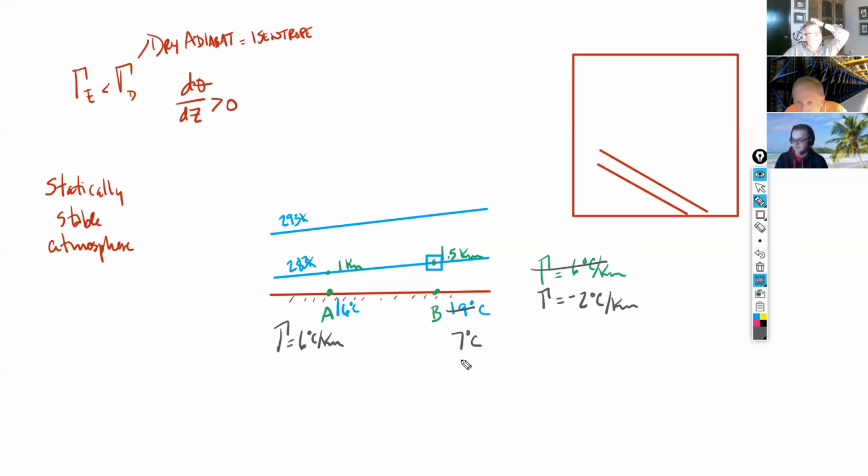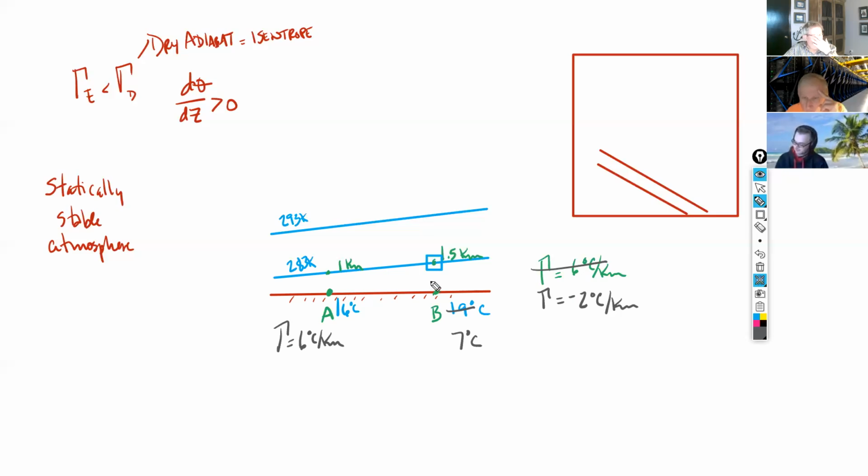The reverse. So when I ask you the question, where is it warmer? The answer is you don't know. Because what determines this is the lapse rates of these layers. So we're looking at things in the synoptic.